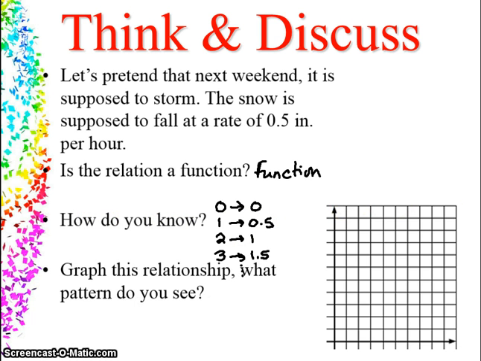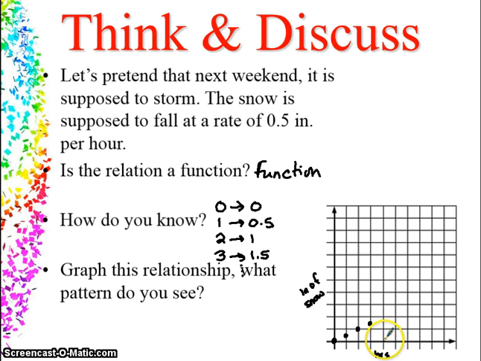Now let's graph this relationship and see what pattern we notice about the graph. So we have 0 hours, 0 inches of snow. 1 hour, ½ an inch of snow. 2 hours, 1 inch of snow. 3 hours, 1½ inches of snow.